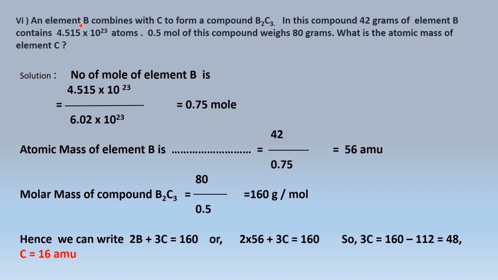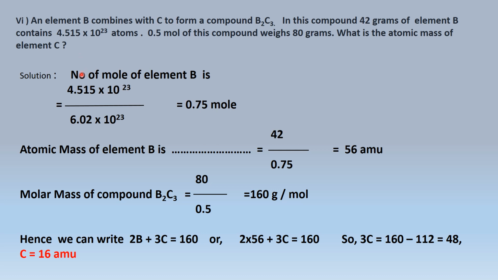Element B combines with C, forming compound B2C3. In this compound, 42 grams of element B contains 4.515 into 10 to the power 23 atoms. 0.5 mole of this compound weighs 80 grams. What is the atomic mass of element C?